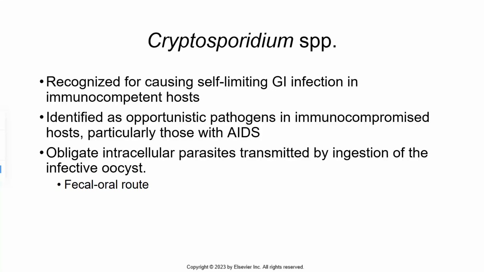Now, the thing about this is it requires water treatment plants to have ozone because typical methods of disinfection don't work. It is readily transmitted in public pools because chlorine doesn't kill it.